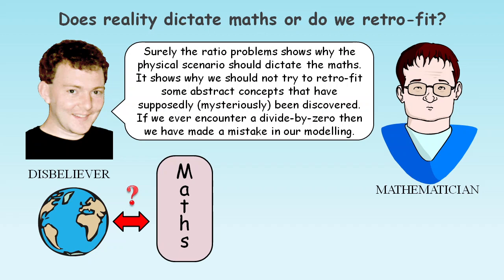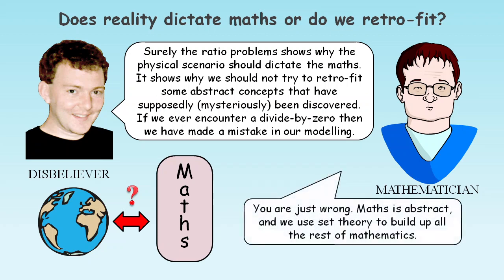And if we encounter a divide by 0, then it would mean we've made a mistake in our modelling. But instead, we try to retrofit abstract mathematical concepts, which unsurprisingly results in problems. And we've got all these problems before we've even started to try to get a clear understanding of sets. But the mathematicians will dismiss all these arguments, and they might even call us crackpots for even suggesting that there's a problem.